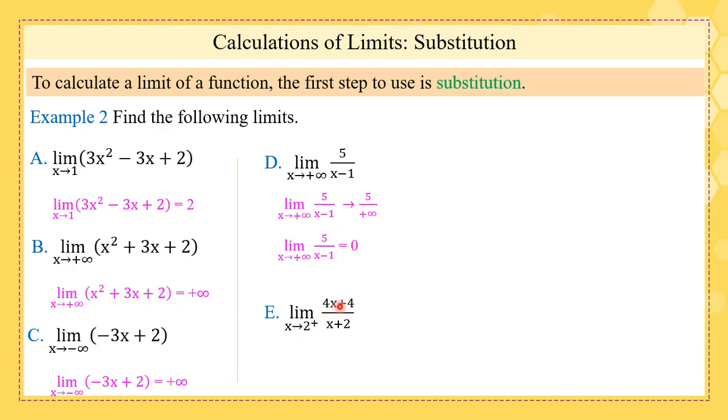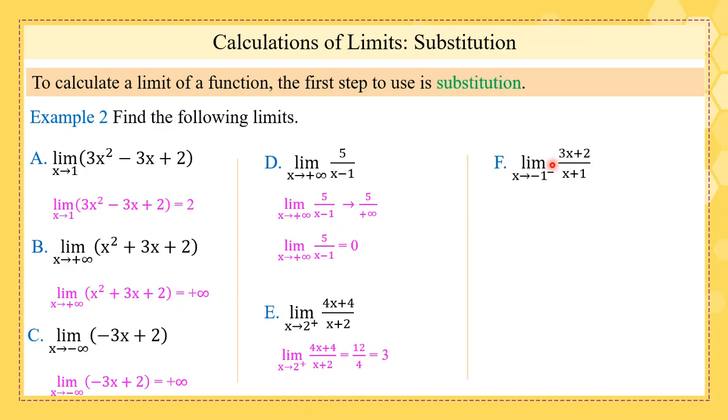We just replace x by 2, not by 2 plus. We replace it by exactly 2, and we see what happens. This becomes 8 plus 4, which is 12, over 2 plus 2, which is 4, and 12 over 4 is 3. Notice here that we remove the limit sign when we substitute and we get numbers.